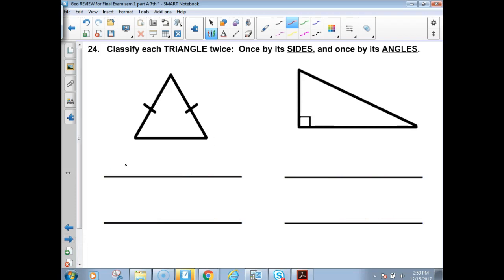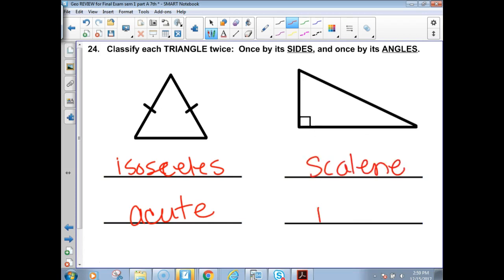24, this thing is isosceles. And what else? Well, all the angles are small, so it's acute. And then by sides, this one, three different sides, scalene, and then a right angle makes it a right triangle.